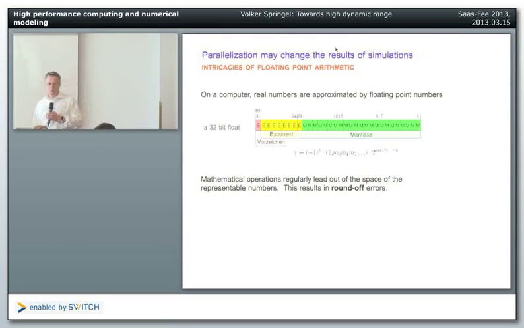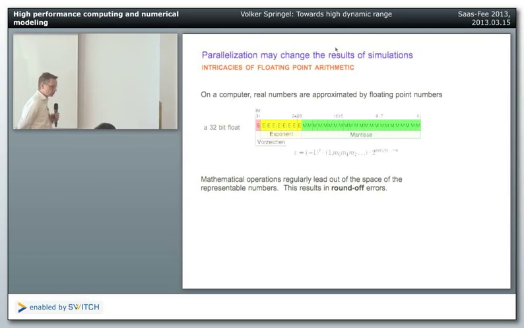Because in most cases, at least if you use certain algorithmic strategies, parallelization will change the results of simulations. And normally not in a semantically relevant way, but at the binary level, you're not getting out maybe exactly the same numbers. And if you wonder why that is, you have to look at the following.